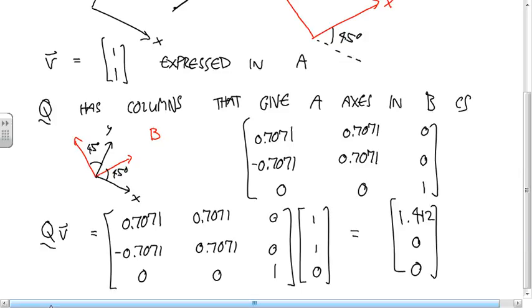That's not usually how you have to calculate these rotation matrices. So most of the time, you can just use this formula or these formulas.